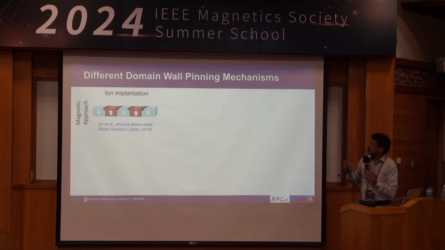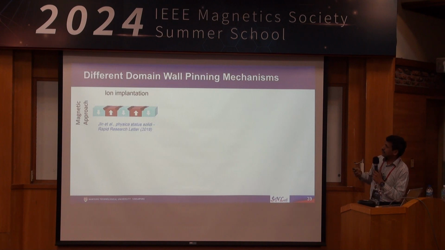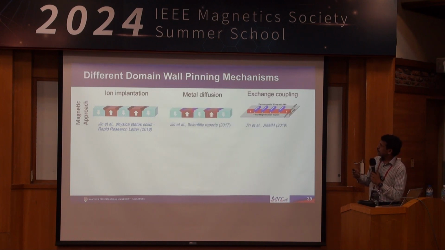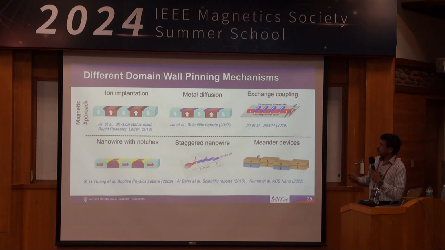Okay, so we need to control the domain wall motion, and for that we need a domain wall pinning mechanism. There are various ways in which we can pin the domain wall: magnetic approaches as well as geometrical approaches. For example, you can do some ion implantation locally at these regions, which changes the magnetic property, so these regions will pin the domain walls.